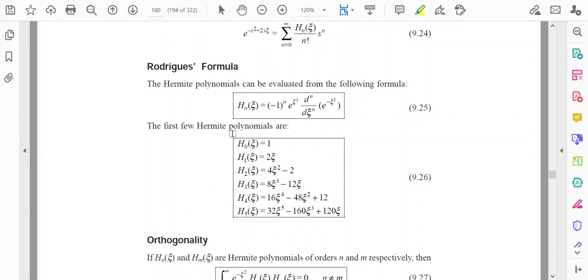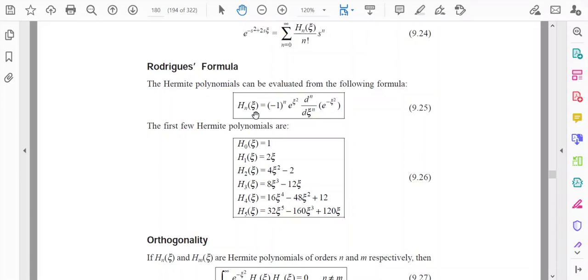Another important formula is the Rodrigues formula, that is H n zeta is equal to minus 1 to the power n e to the power zeta square d n by d zeta n of e to the power minus zeta square. So this is the Rodrigues formula through which we can determine different Hermite polynomials. n is the subscript, and n stands for different values of the polynomials. For example, if you set n equal to 0, then H0 zeta is equal to 1.